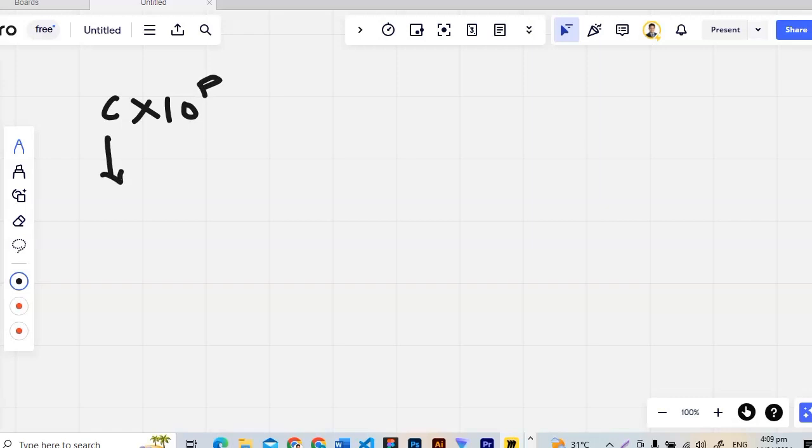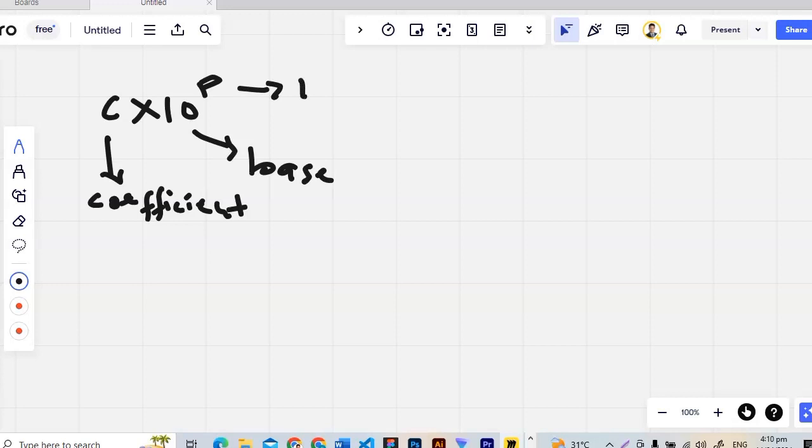Where c is the coefficient, and 10 is the base, and p is the exponent.